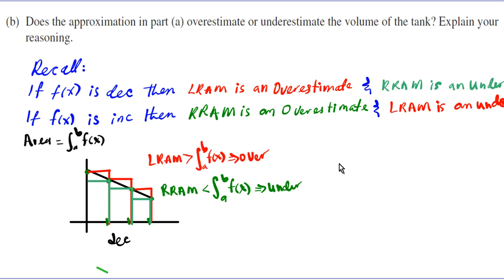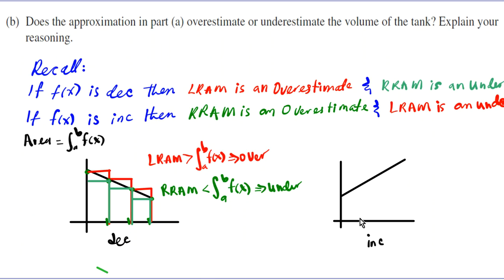Okay, now let's take a look at the flip side. Let's examine a function that's increasing. We change the behavior here: we have a function that's increasing. Now, can you see why this second statement would be true? When the function is increasing, RRAM is going to be an overestimate, and LRAM will be an underestimation. Let's start with RRAM first.